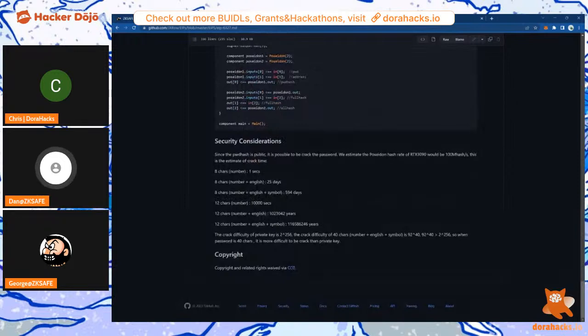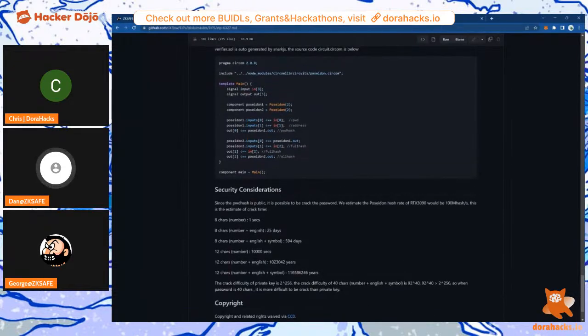For the security consideration, our password hash is stored on the chain, so we want to ensure that the only thing a user can do is iterate through that. But what we found is that with 12 characters, numbers and English characters, it would take millions of years to hack on RTX 3090s.